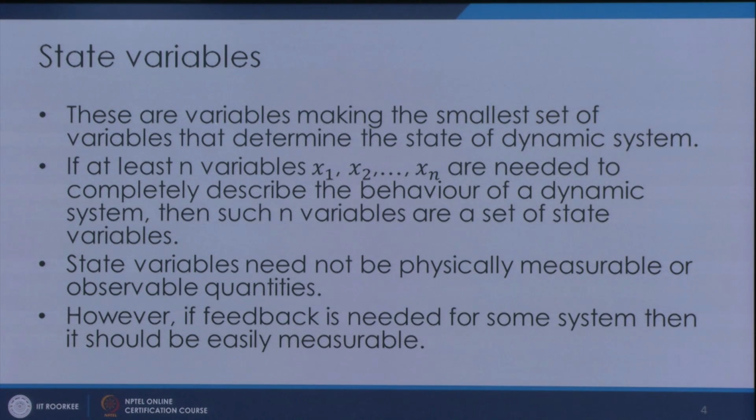And if at least n variables x1, x2, ..., xn are needed to completely describe the behavior of a dynamic system, then such n variables are the set of state variables. And remember one thing, these state variables need not be physically measurable or observable quantities.